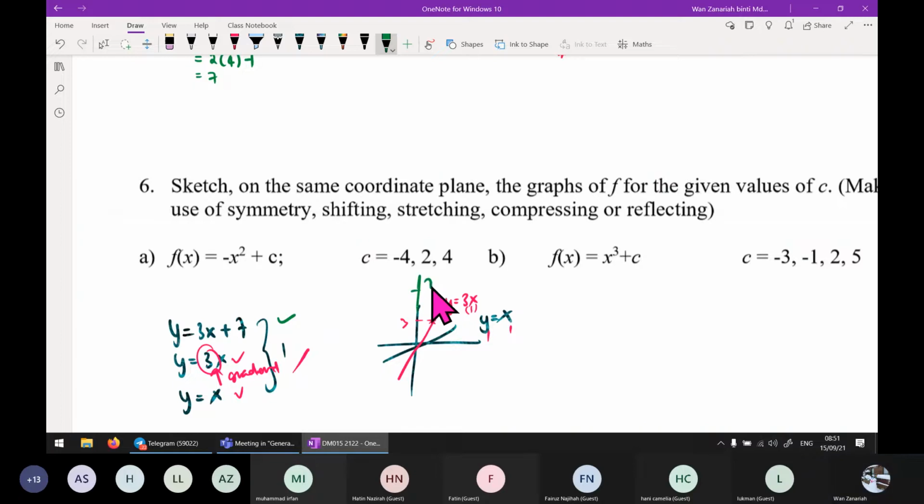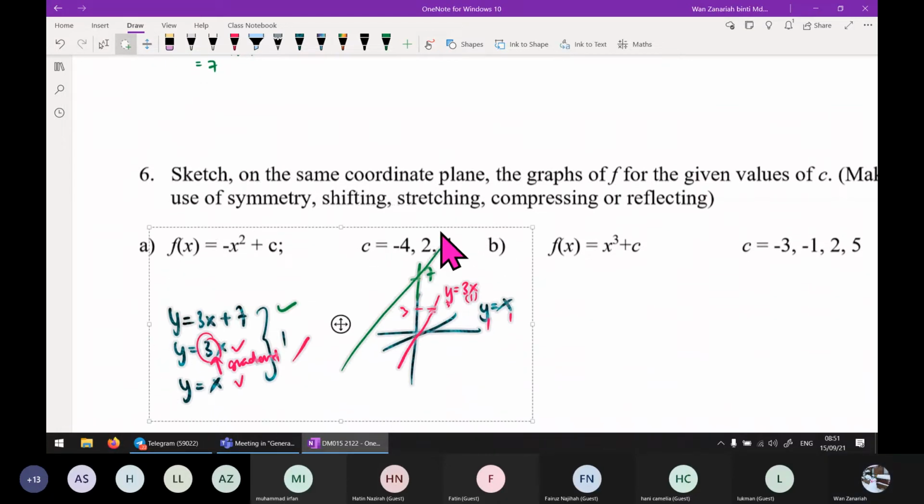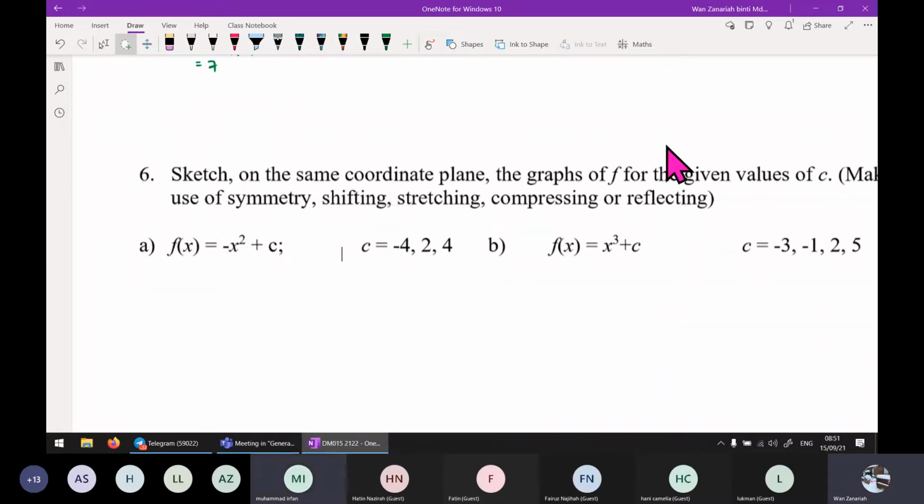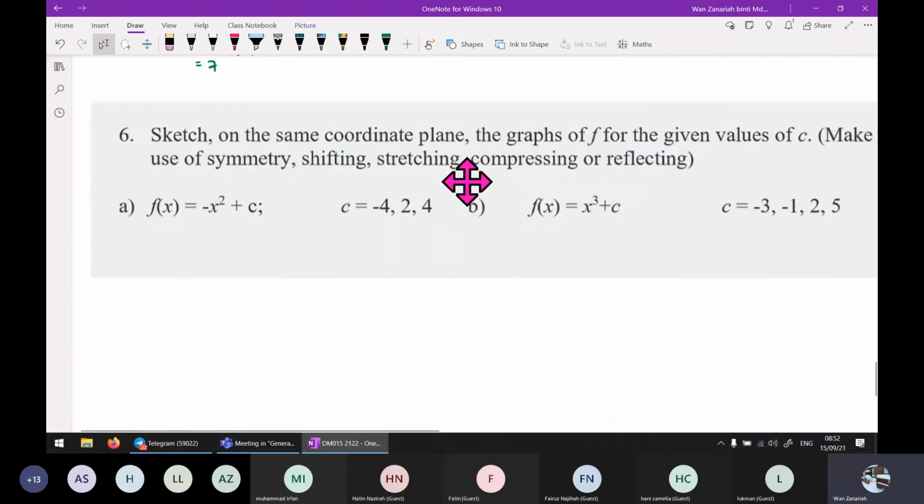So this is y equals 3x plus 7. So your graph will look like this. Okay, this is what they meant by sketching all the functions in one graph. Faham ke? Faham, madam. Okay. So I do for number 6.